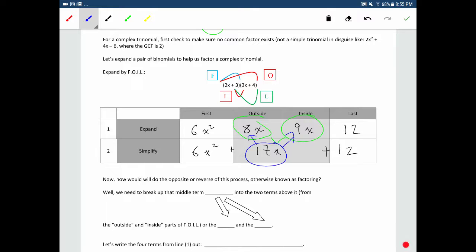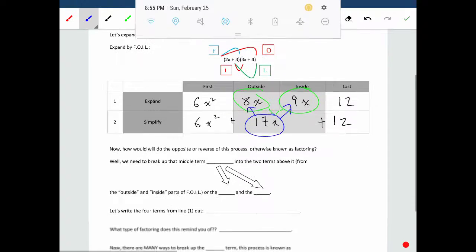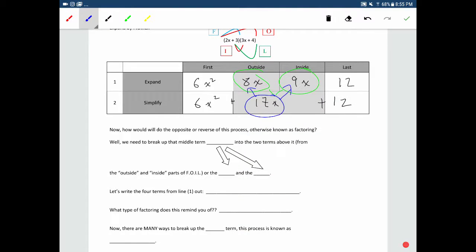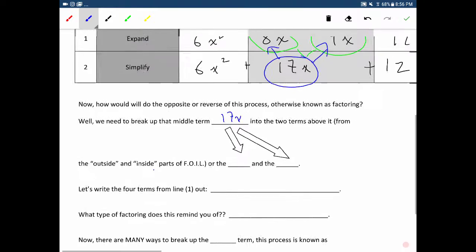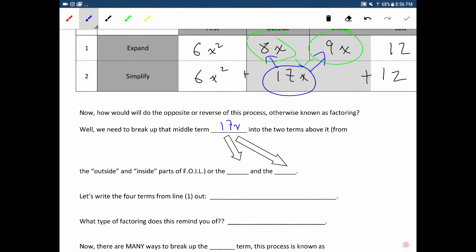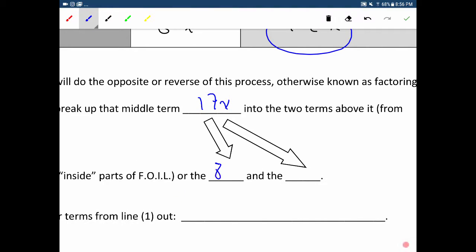Okay? So, how would we do the opposite? Well, we need to break up the middle term, which in this case was 17x, into two terms, from the outside and the inside part of the FOIL. So this would be the 8x and the 9x.